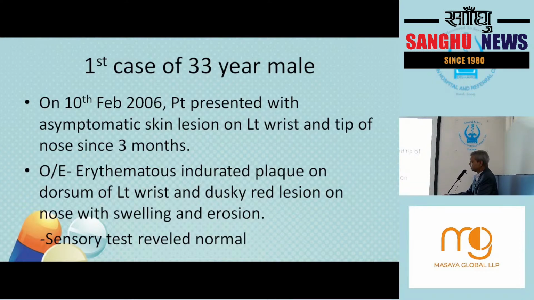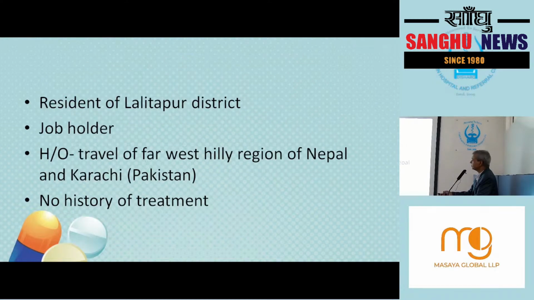So once we checked for leprosy, sensation was normal. He was a resident of Lalitpur, a job holder, but has a history of visiting the hilly area of Nepal and also Karachi.